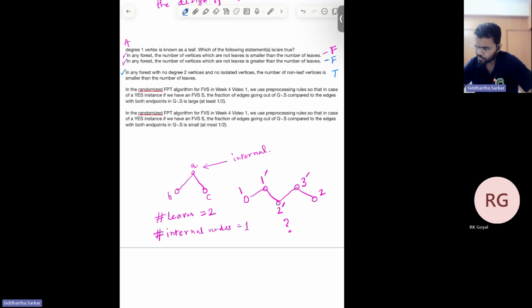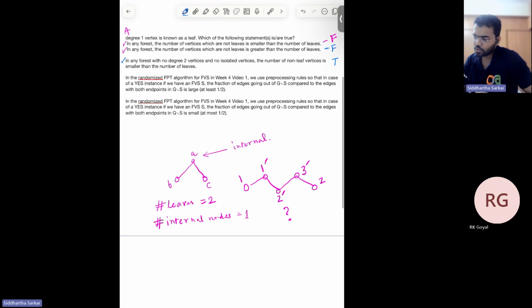Yes, your reasoning is more or less correct. I will repeat it. There are no degree two vertices. Degree two vertices are not allowed, but degree one vertices and degree three vertices are allowed. Isolated vertices are also not allowed. So that is all the restriction on the forest.